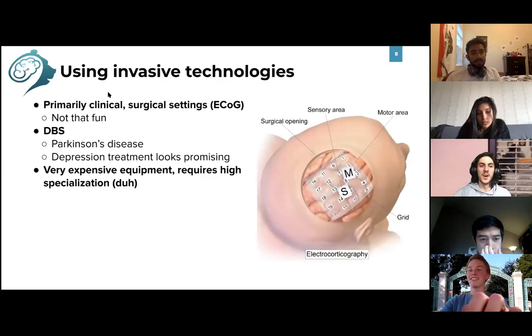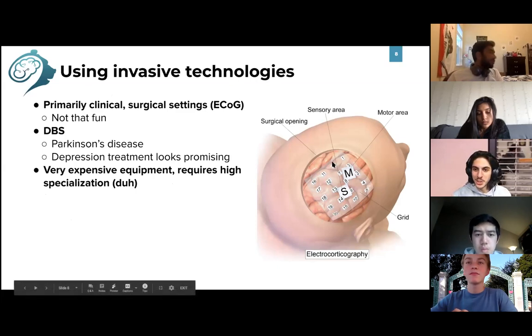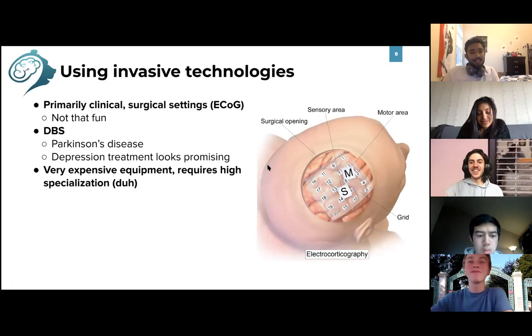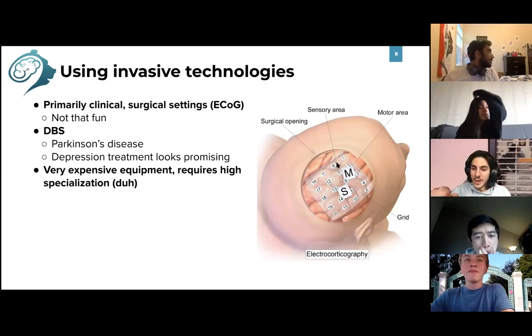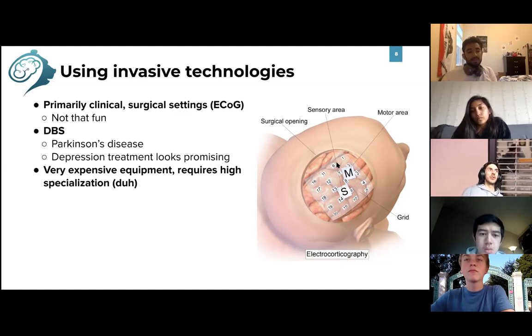I don't really know much about ECoG. I know it's an invasive technology. It's an array of electrodes, with very small spaces between them. I chose this picture because it's not real; there were some real pictures that were pretty yucky. What they mostly use it for, to my understanding, is to find the epicenter of epilepsy.